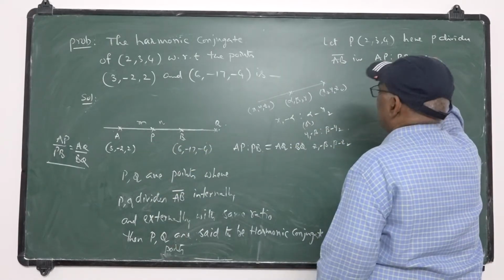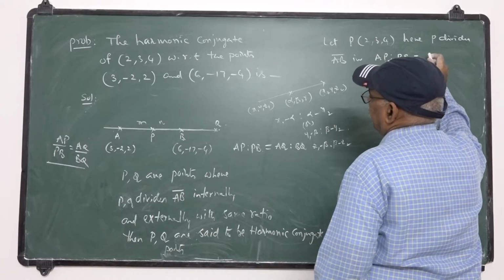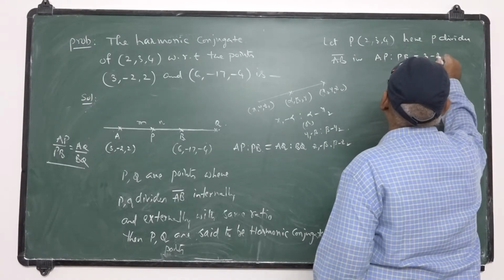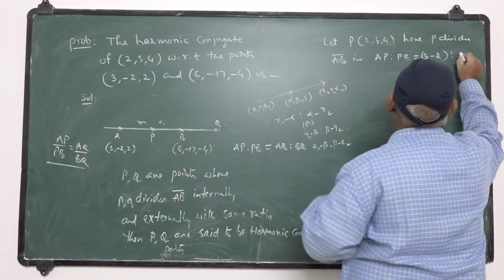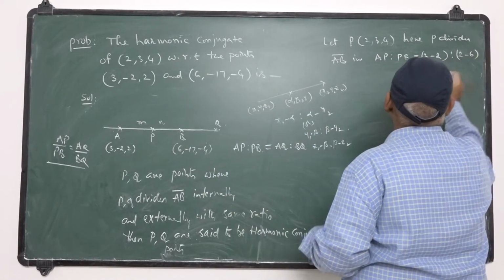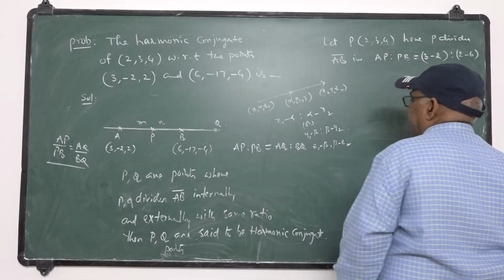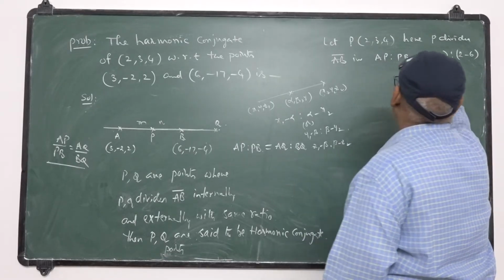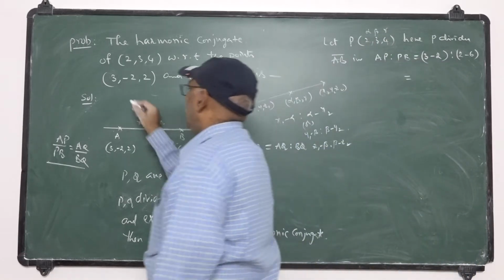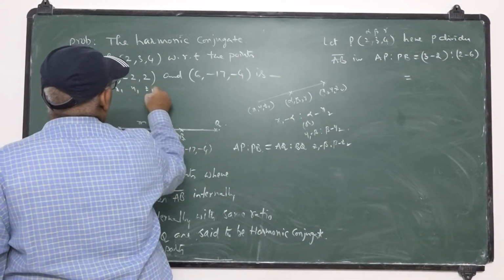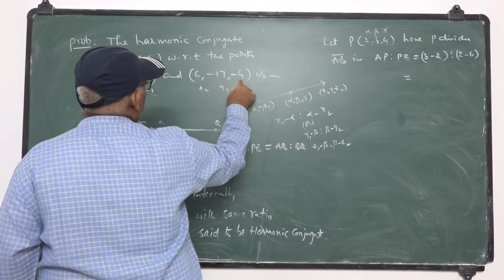Then that is given by 3 minus 2 is to, based on the x coordinate I am writing, 2 minus 6. That means, once this is alpha, beta, gamma, and this one is x1, y1, z1, this is x2, y2, z2.